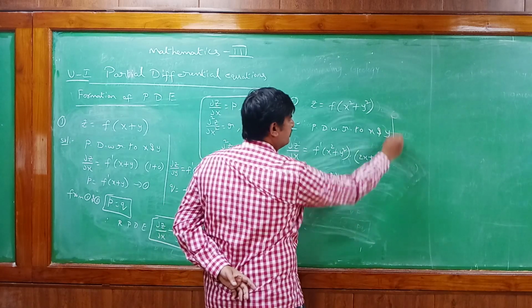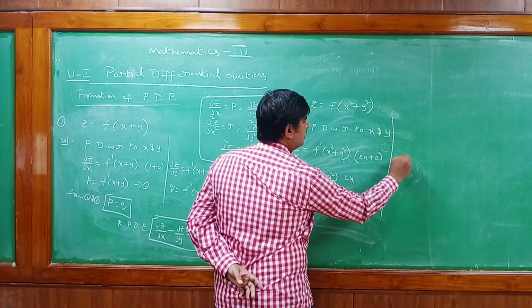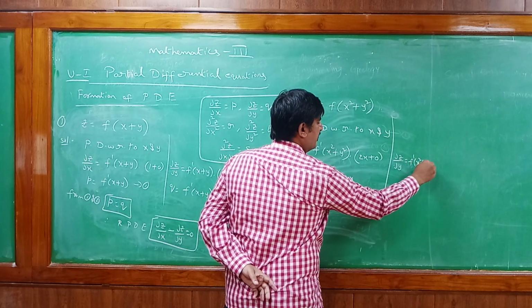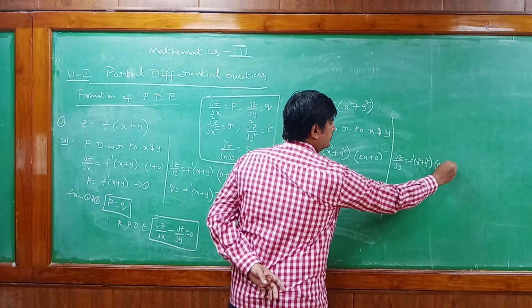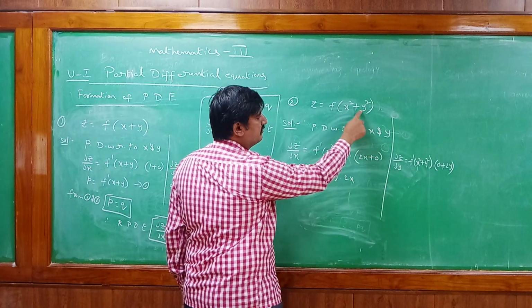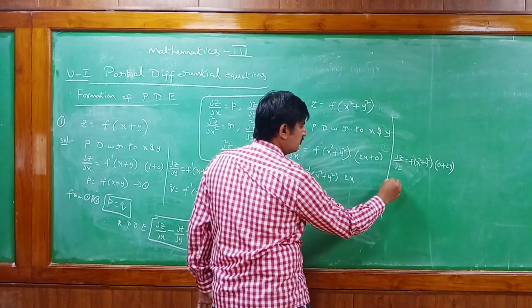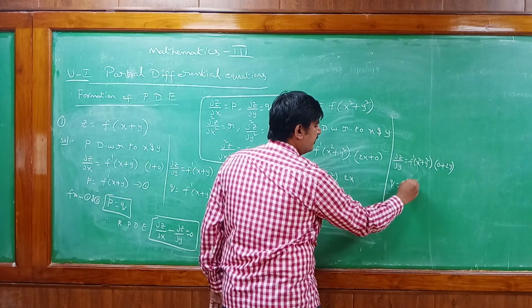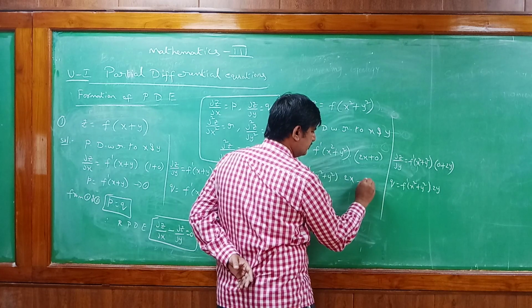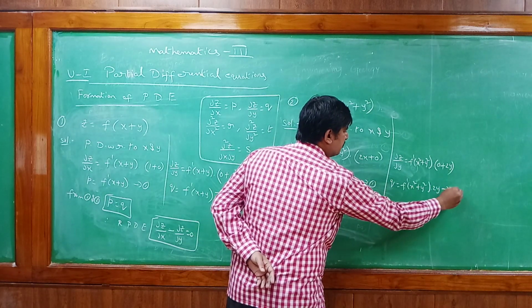Similarly with respect to y, dou z by dou y is f dash of x square plus y square into, by the chain rule, x square is 0 and y square becomes 2y. So dou z by dou y, which is q, is f dash of x square plus y square into 2y. This is marked as 1 and this is marked as 2.